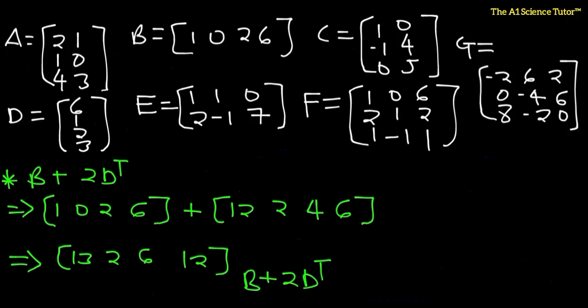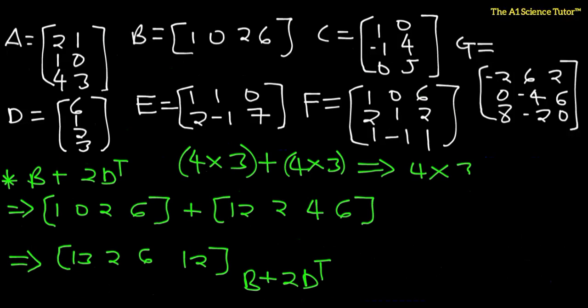Now also what you need to know is that if we have a 4 by 3 matrix added to a 4 by 3 matrix, the answer should still be the same form of matrix. The answer should still be a 4 by 3 matrix. If that is not what you find, then the answer would actually be wrong.